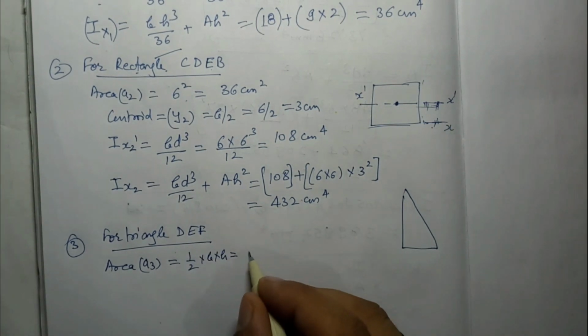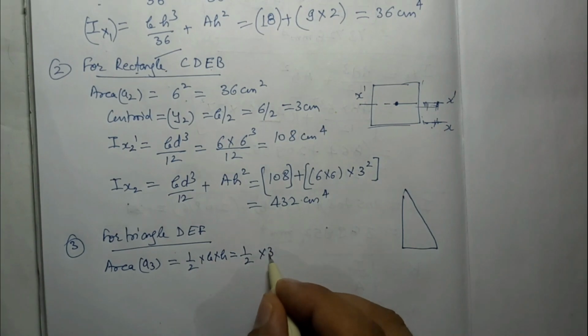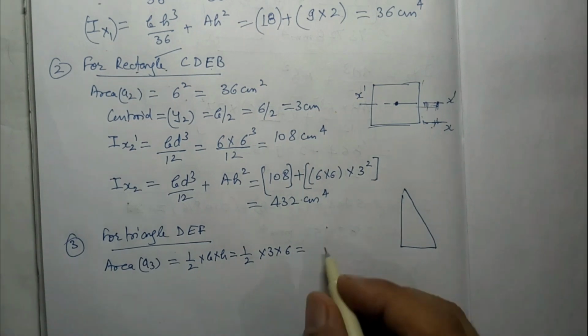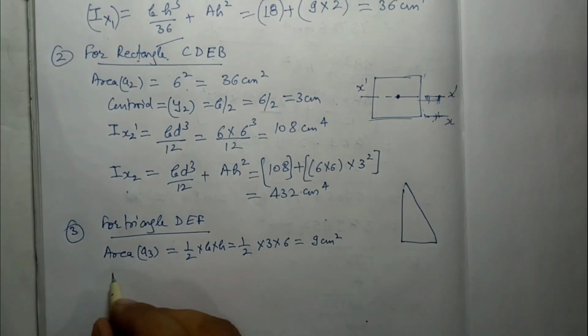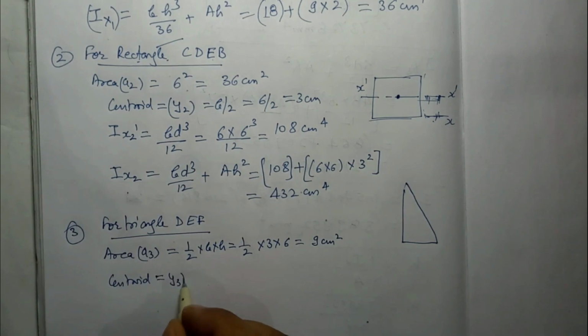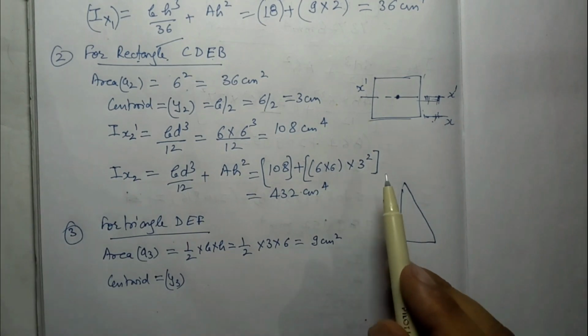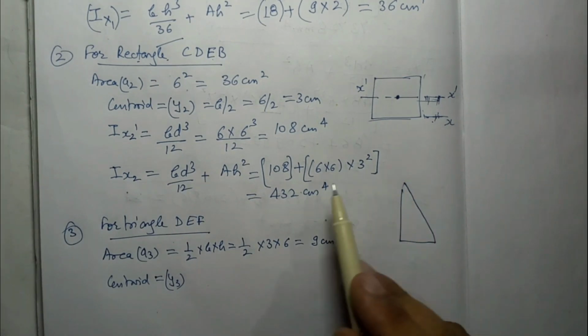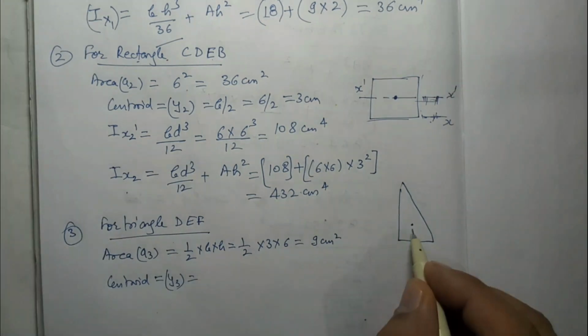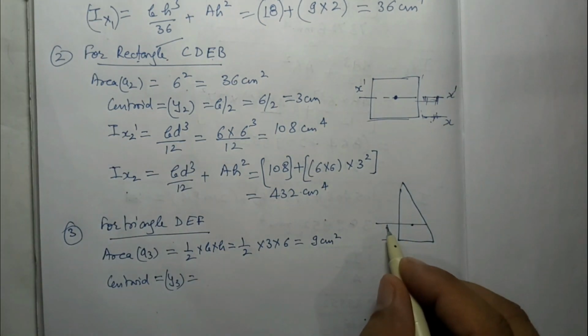So we have the value of b, base that is 3, and height h that is 6, that is equal to 9 centimeter square. Now what will be the centroid? Centroid means we can say y3. I need the values of y only because the axis is along the x-axis, so that is why we are calculating only y. So we want to find out this value.